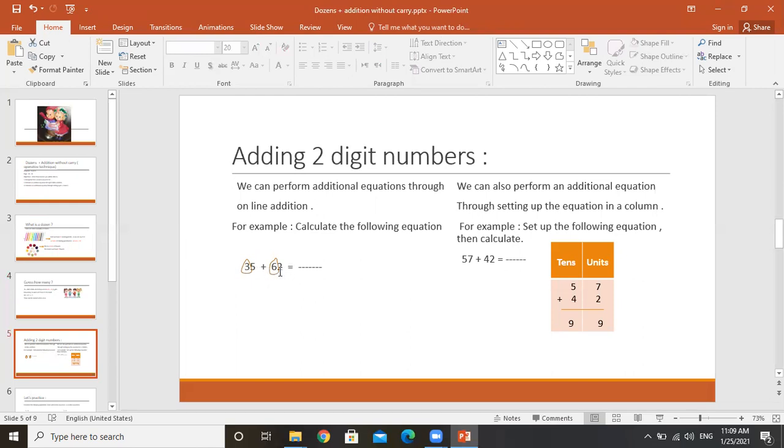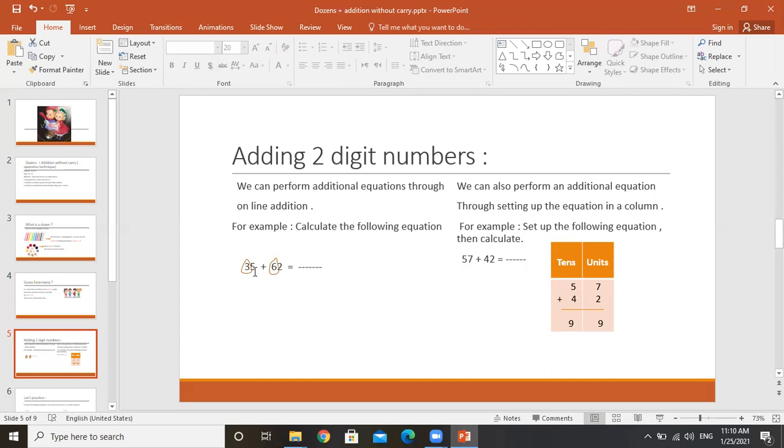35 plus 62. Can you see? The numbers are written straight on the line. When we write the numbers in this way, we call this online equation. The circled digits are the tens digits.